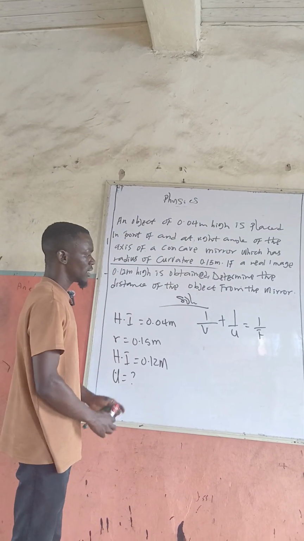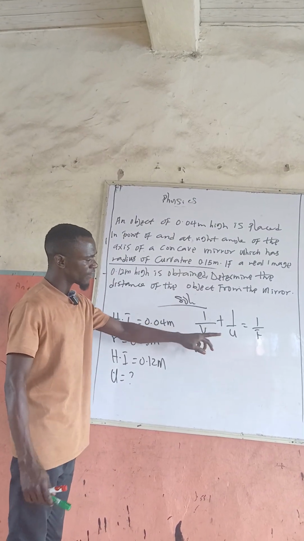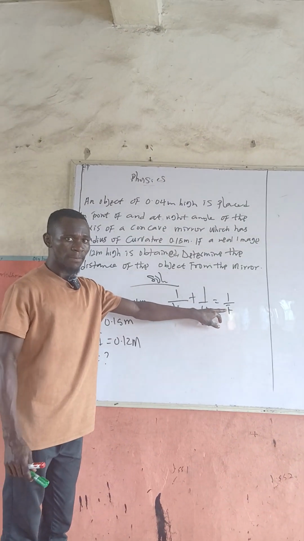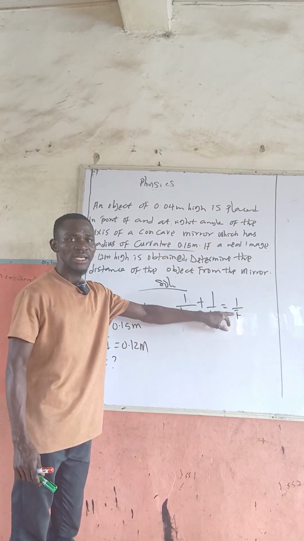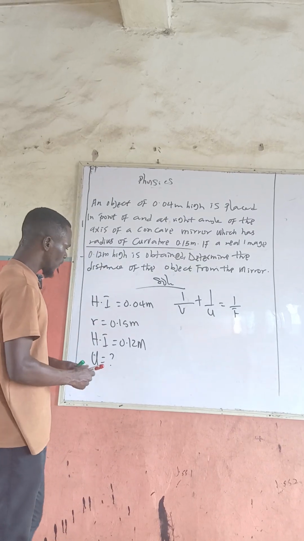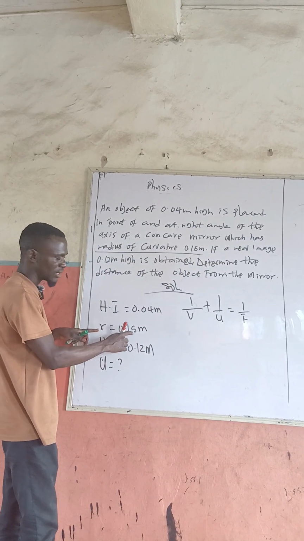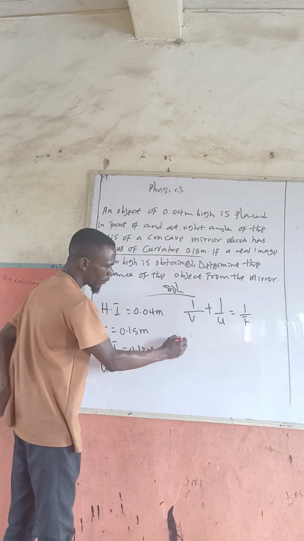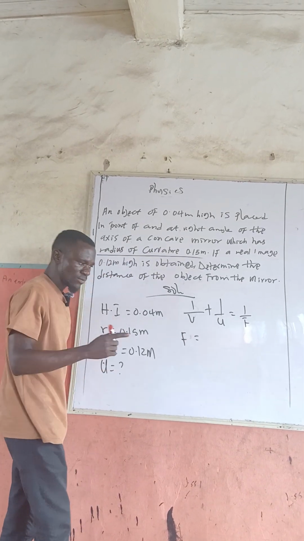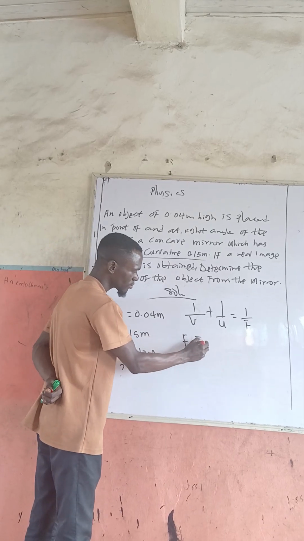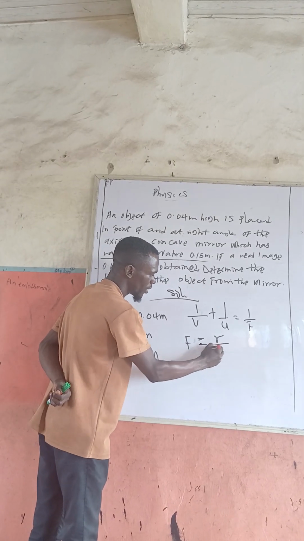Now, we have to find u, but why is this not given? But we are also given the focal length, right? But focal length is not directly given; we are given the radius of curvature in the question, 0.15 meter. So the formula for focal length is focal length equals radius of curvature over 2.